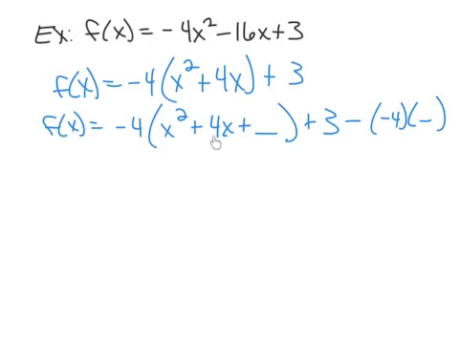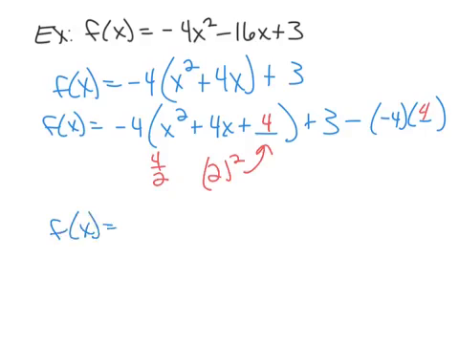Okay, I take the 4, I divide it in half, and that's 2, and then I square it and put it back in. That's going to be a 4, and that's going to be a 4. And now I simplify. F of x is equal to negative 4. This thing is going to factor into the same binomial twice. It's going to be x plus 2 squared. The square root of the first guy, the square root of the second guy, the sign of the middle.